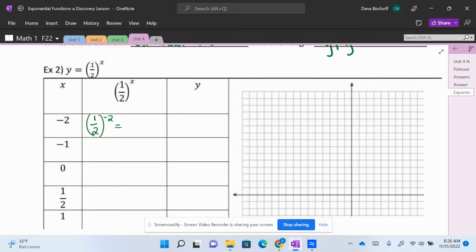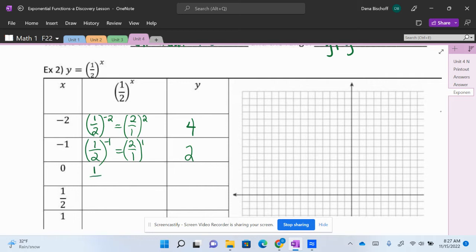So if I flip this, this becomes 2 over 1 squared. And what is 2 over 1 squared? 4. Okay. Let's take 1/2 to the -1 power. Well, that's the same thing as 2 over 1 to the first power, which is just 2.